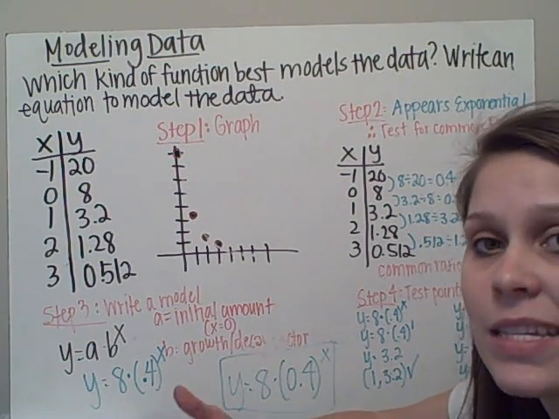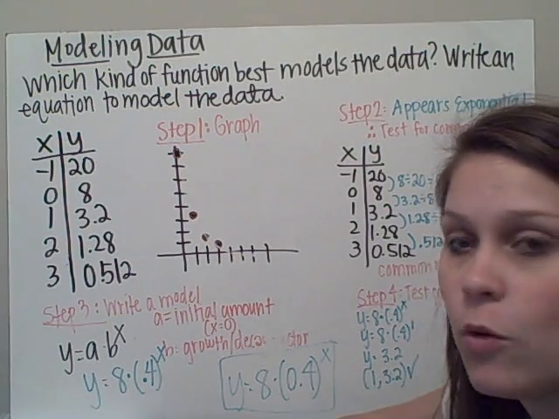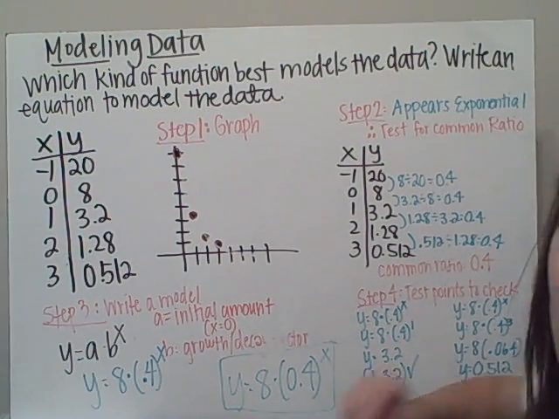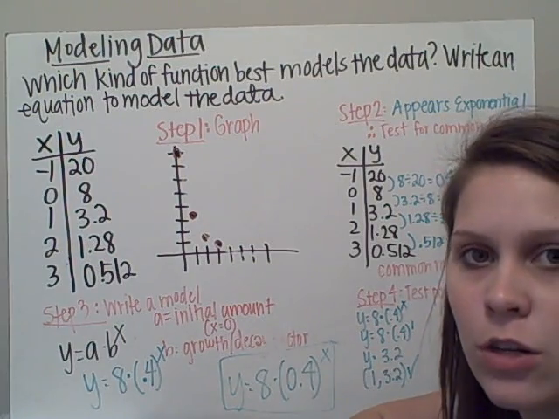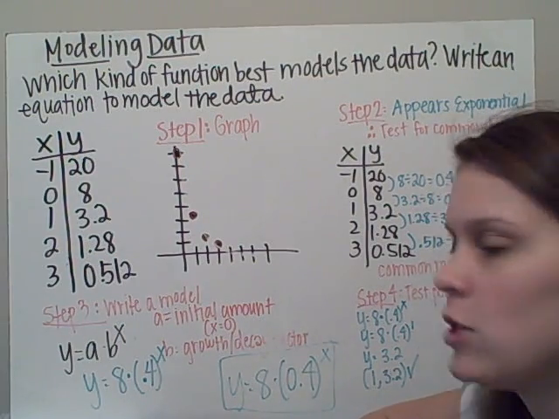So then our next step is to do what we did in the slide before and test for a common ratio. We know exponential functions have to have the same factor every time, the same common ratio.